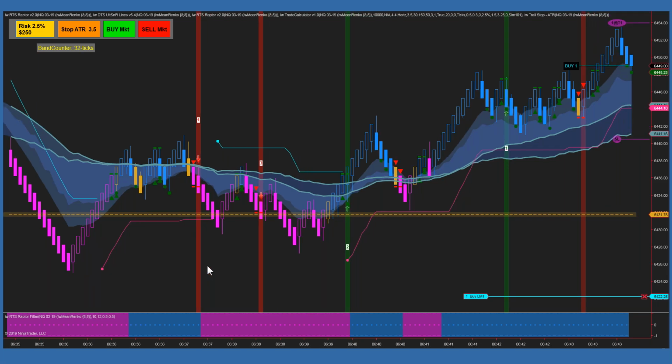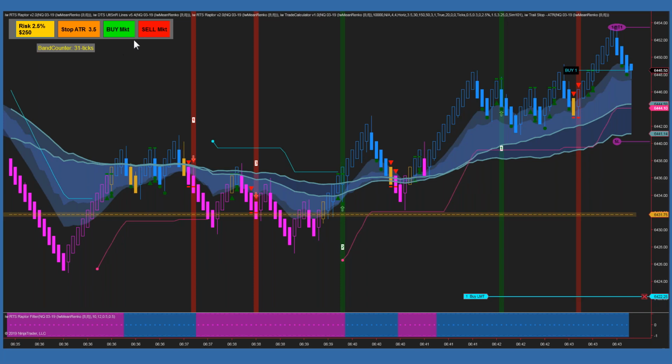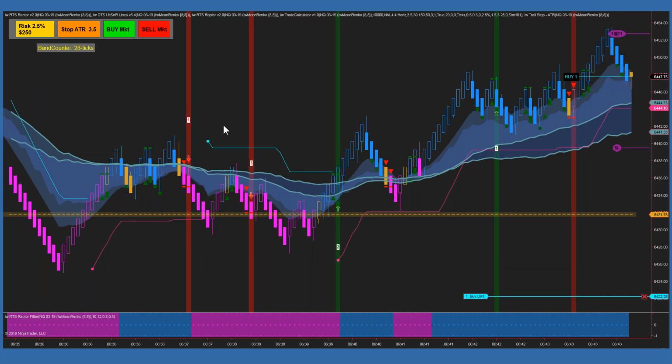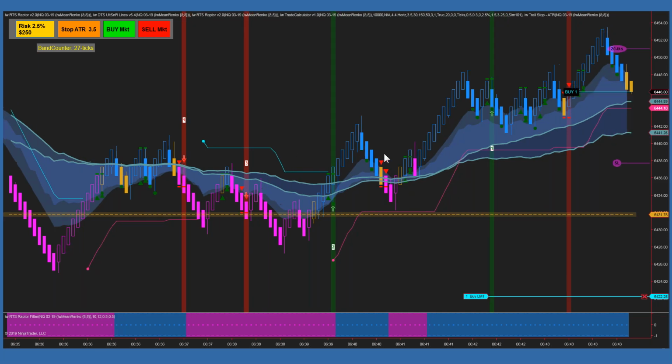The biggest difference between Trade Manager and the Trade Calculator is the Trade Calculator is an indicator, and the Trade Manager is a strategy. Now, I'm not a programmer, but what they tell me is that the strategies are infinitely more vulnerable to changes in the software.